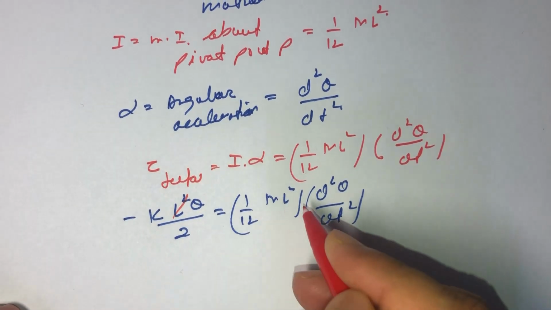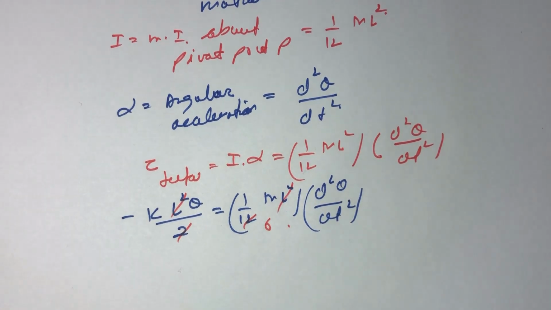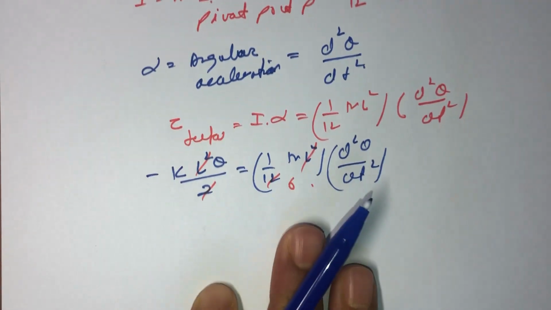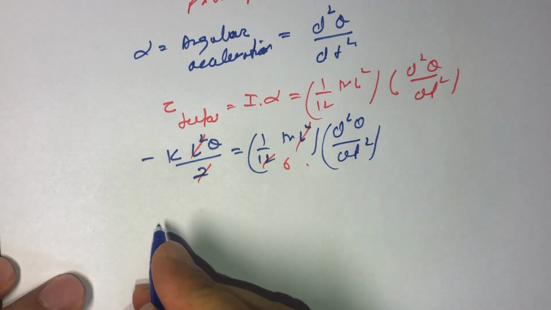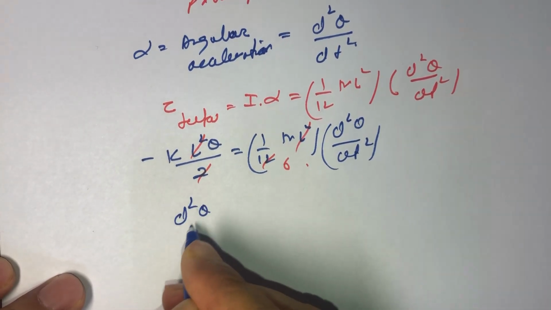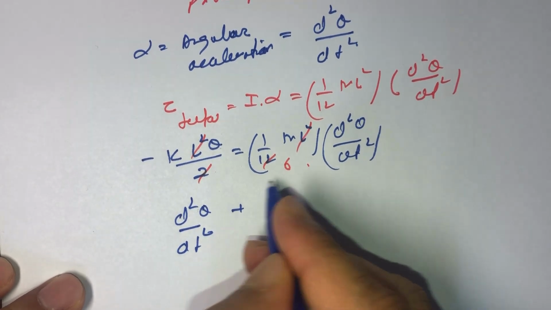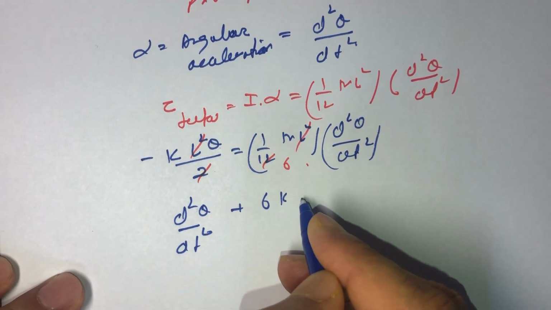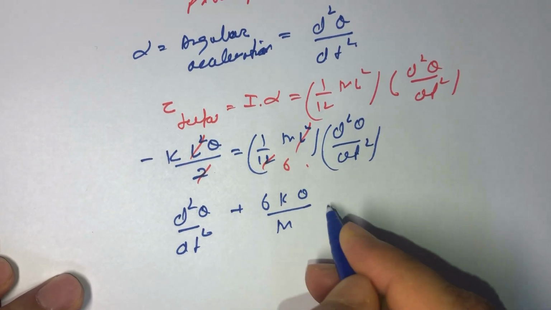Here L square cancels out with L square, and 2 goes with this 6. So we can rearrange the equation, and this gives us the double derivative of theta plus 6k theta divided by m is equal to 0.